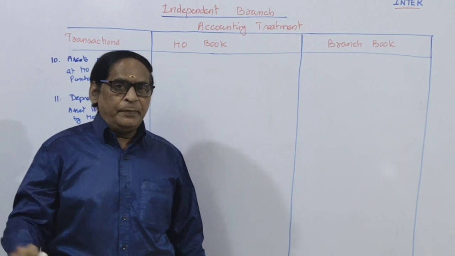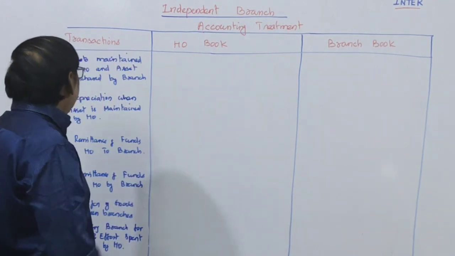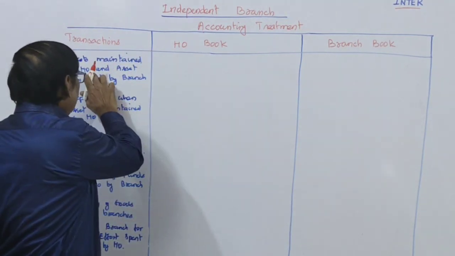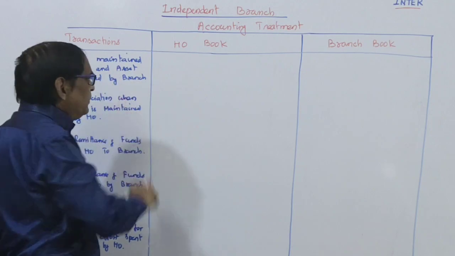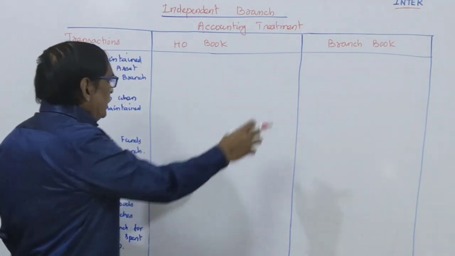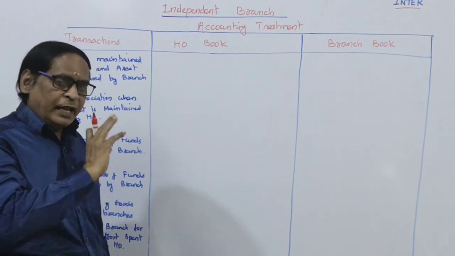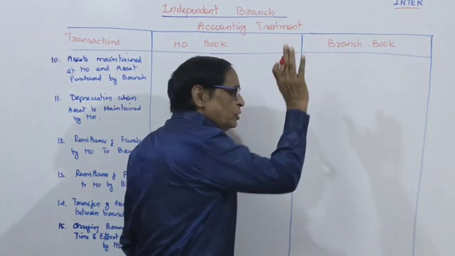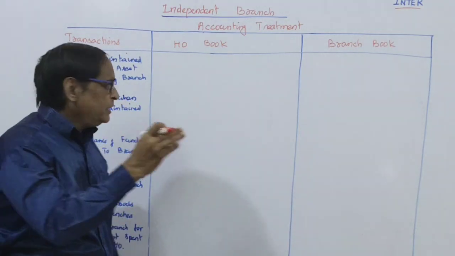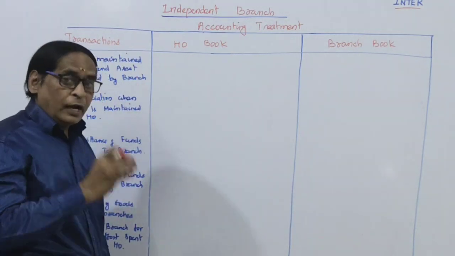Account to be credited. Clear? This is the important type of transaction: assets maintained at head office and assets purchased by the branch. The branch has purchased some assets, but they are not maintaining the assets in their books. All assets and liabilities are maintained in the head office book.